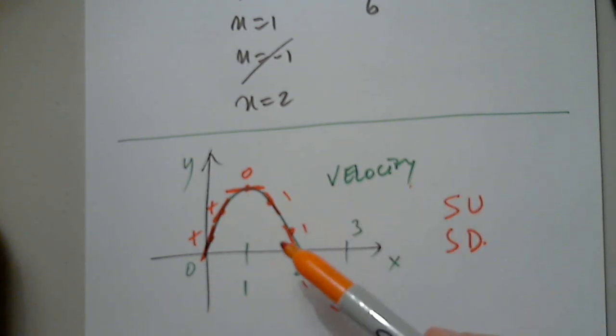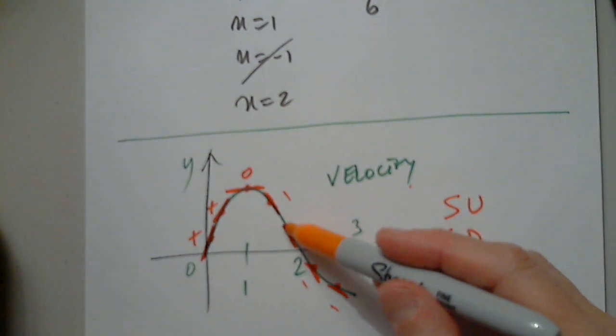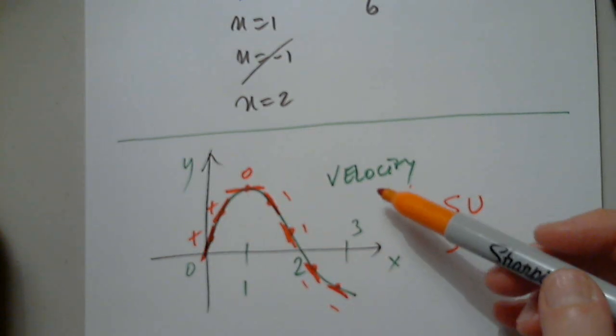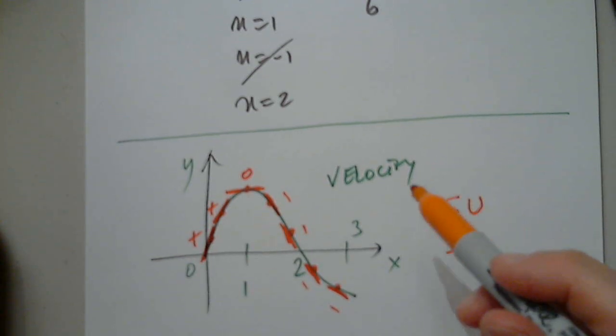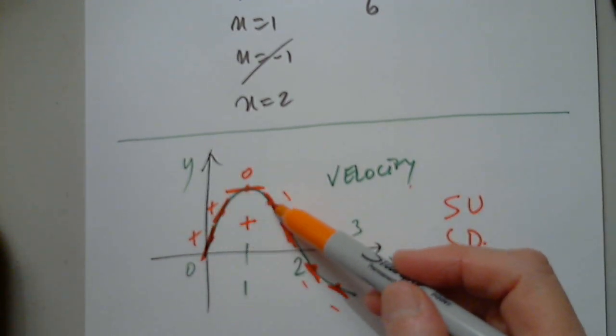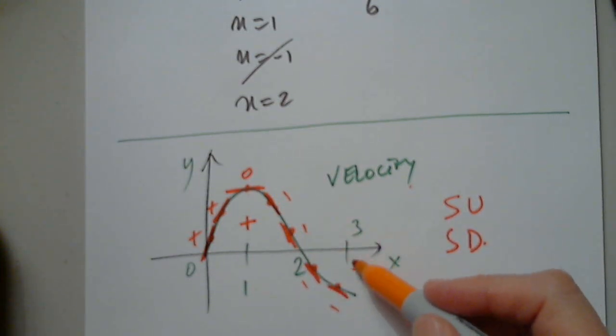Right? And then the acceleration is negative, and the particle, so here the velocity, as you see, the velocity is positive on this interval. Right. And here on this interval, the velocity is negative.